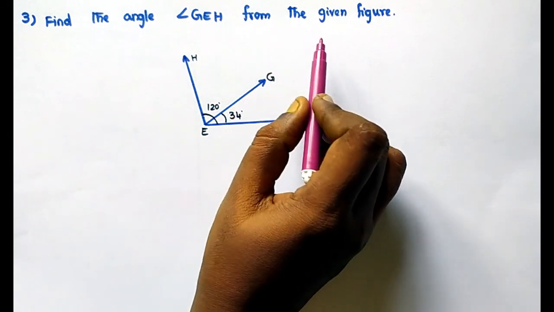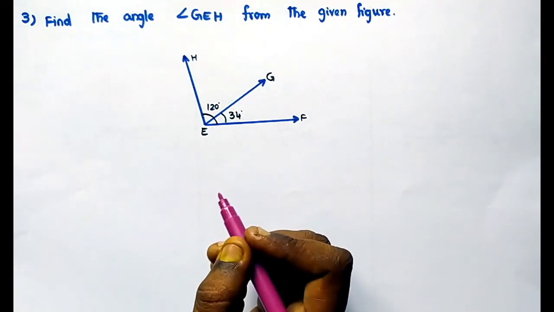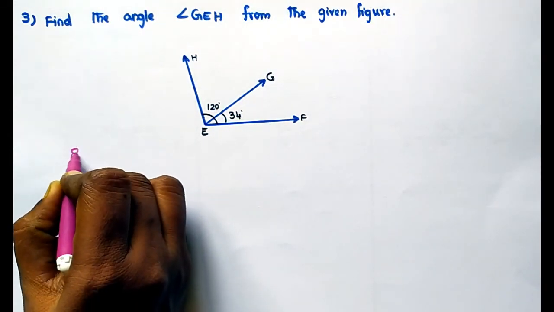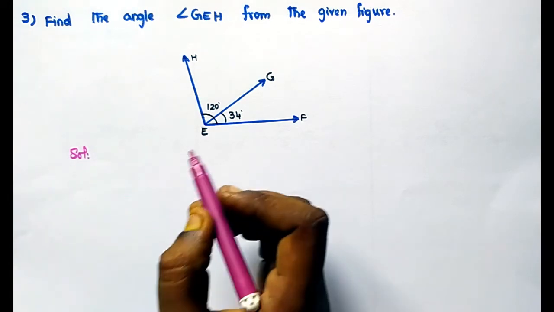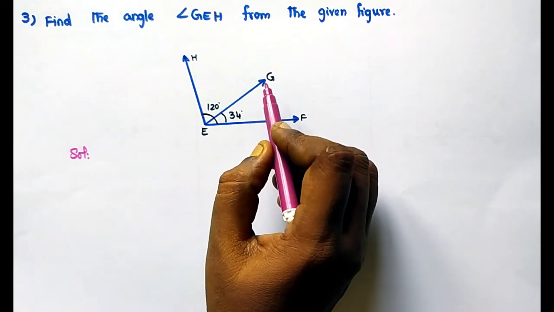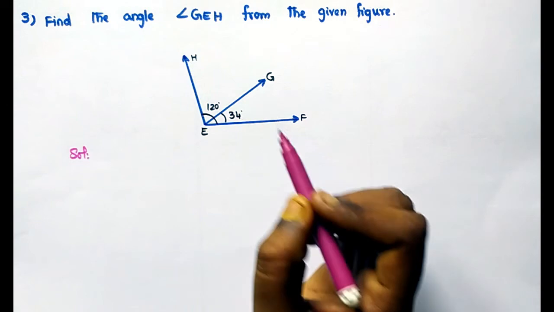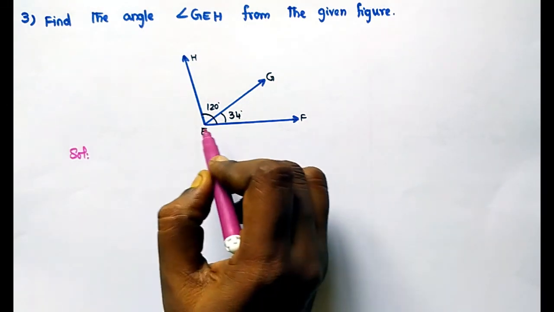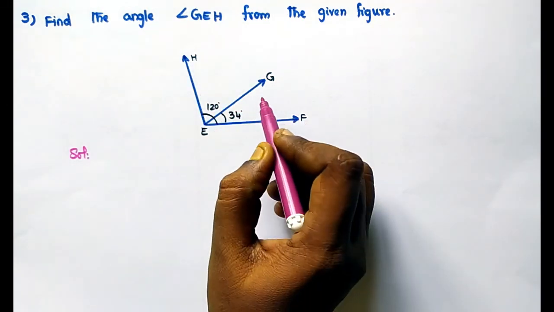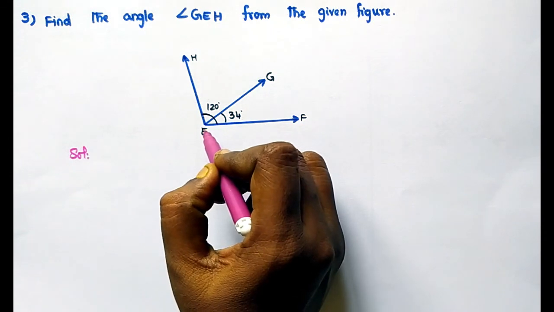Third sum, find the angle GEH from the given figure. Like the last sum, we have to find GEH. They have given HEF and FEG.